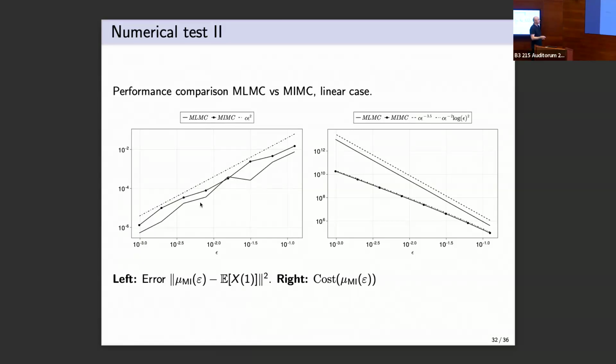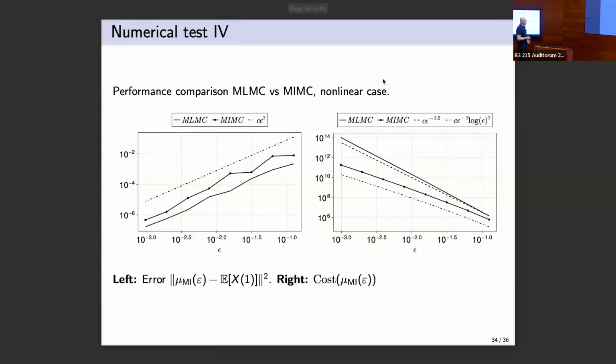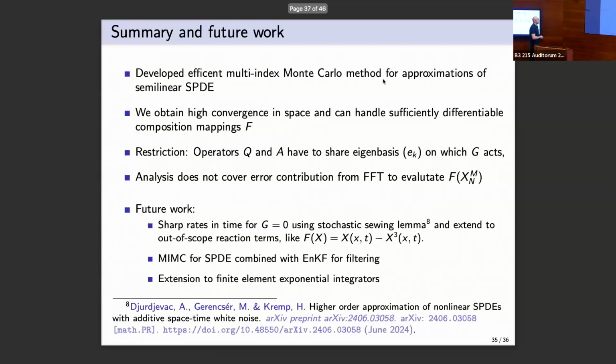And you see that the methods perform with similar mean square error. But in terms of computational cost, the lower line here is essentially optimal, epsilon to the -2, and this is multi-index Monte Carlo. The higher line is multilevel Monte Carlo, which is epsilon to the -3.5. And then here's a similar example, but this time with a nonlinear reaction term, and we see similar results.